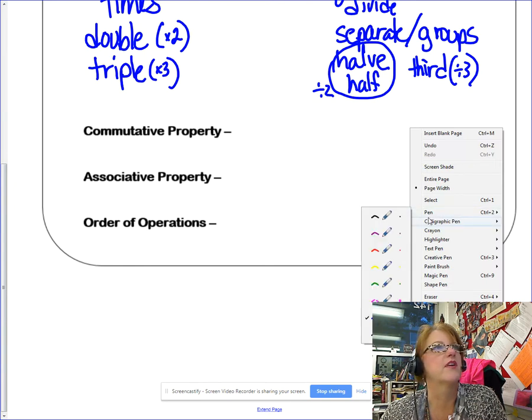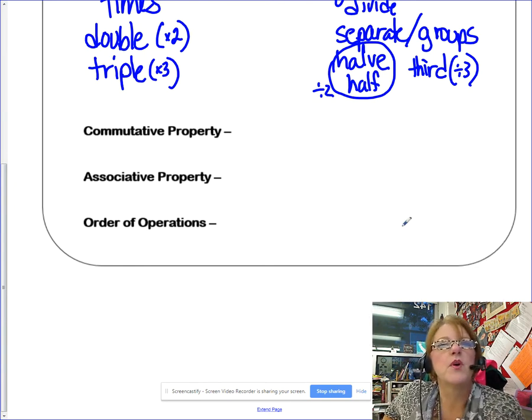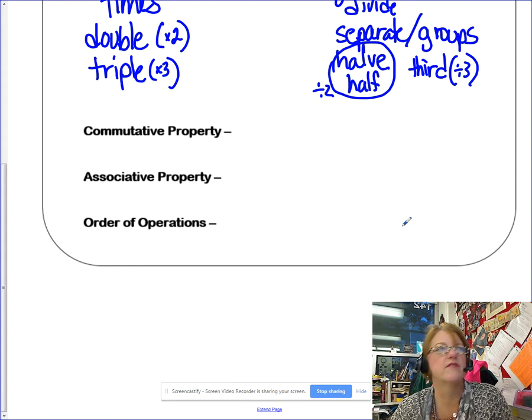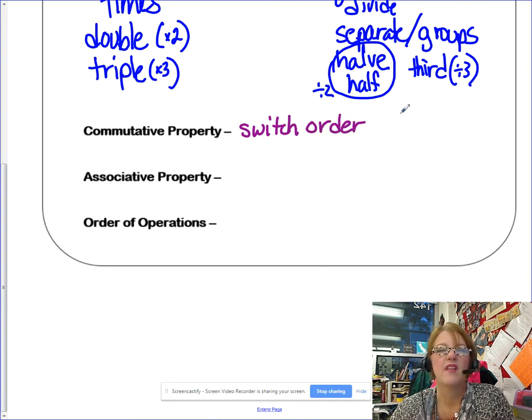We talked before about the commutative property, and if you recall, this is where you can switch the order. We talked about this with addition, like 3 plus 5 is the same as 5 plus 3. The same thing works for multiplication.